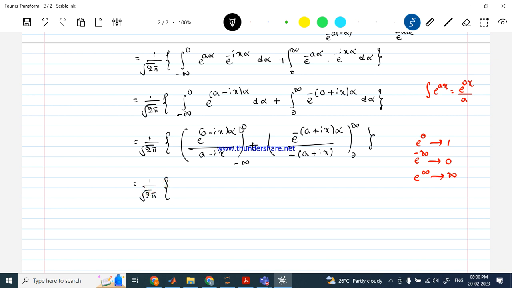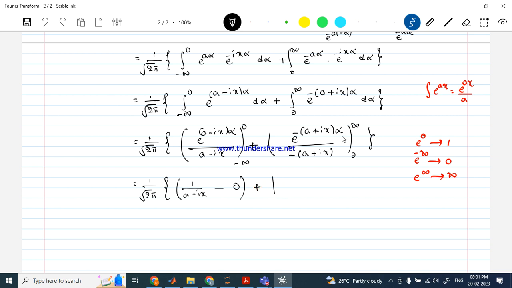Substitute the limits. For the upper limit, alpha is 0, so this becomes e power 0, that's 1 by a minus ix. Minus, substitute the lower limit now. For alpha is minus infinity, this becomes e power minus infinity, which is 0.